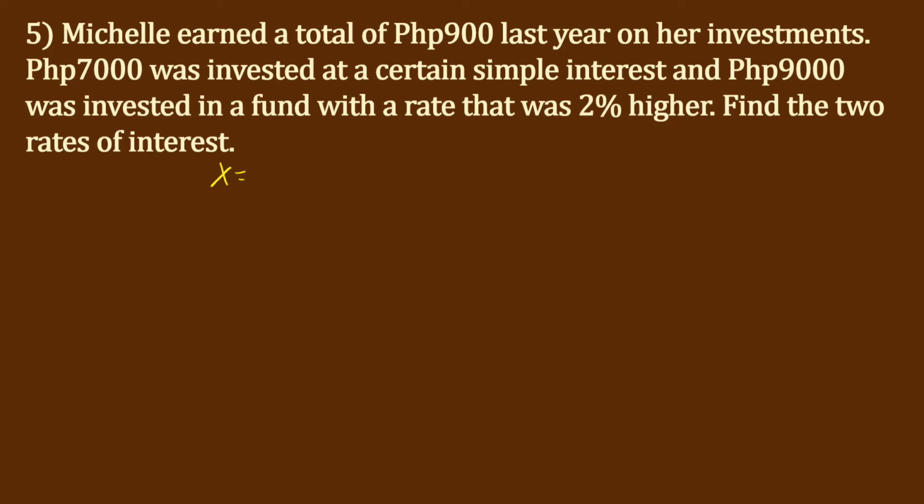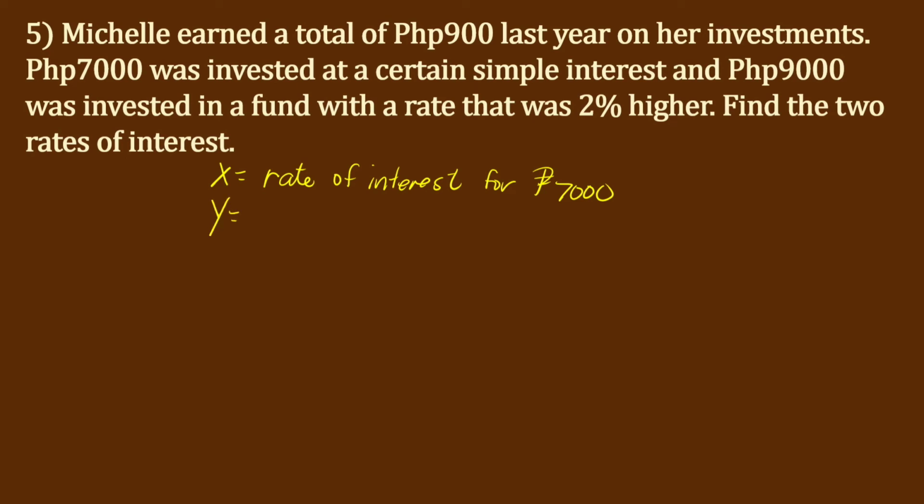So let us assign x for the rate of interest for 7,000 pesos. Yan. So, dyan in-invest yung 7,000 pesos. We do not know how much in percent. Okay? Or actually, in decimal muna yung masosolve natin dyan.